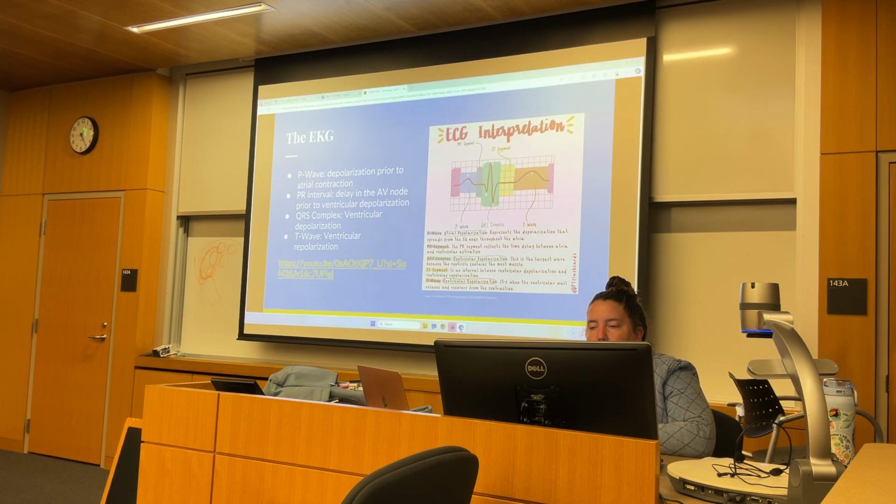The QRS complex represents blank, and ventricular depolarization is the answer. The T wave represents blank, and repolarization is the answer.